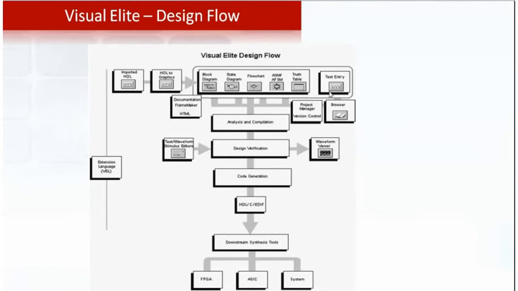Apart from that, we also have text entry, the place where we can use VHDL or Verilog HDL as our input file type. Documentation and FrameMaker will be helpful for documenting our design, and if needed, this can be shared as a web page document. We also have project manager. We'll see the individual explanations in forthcoming slides.